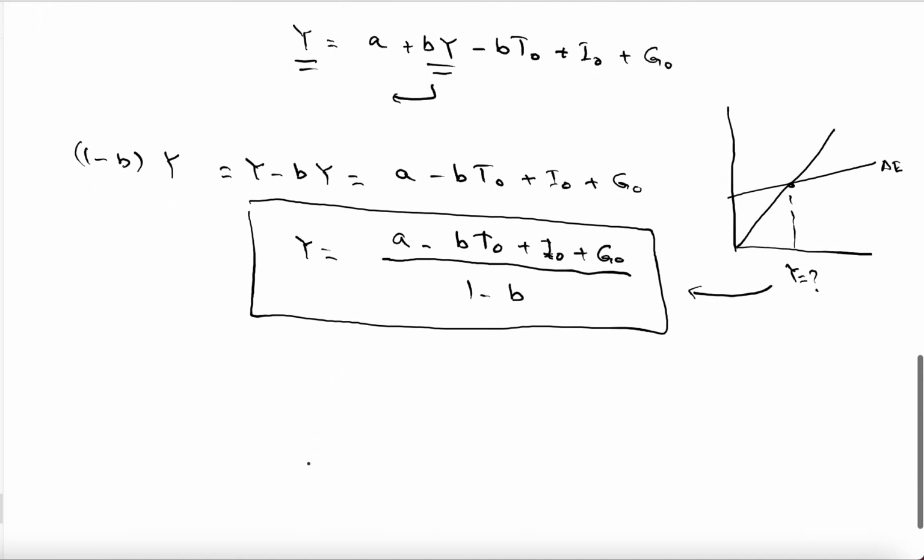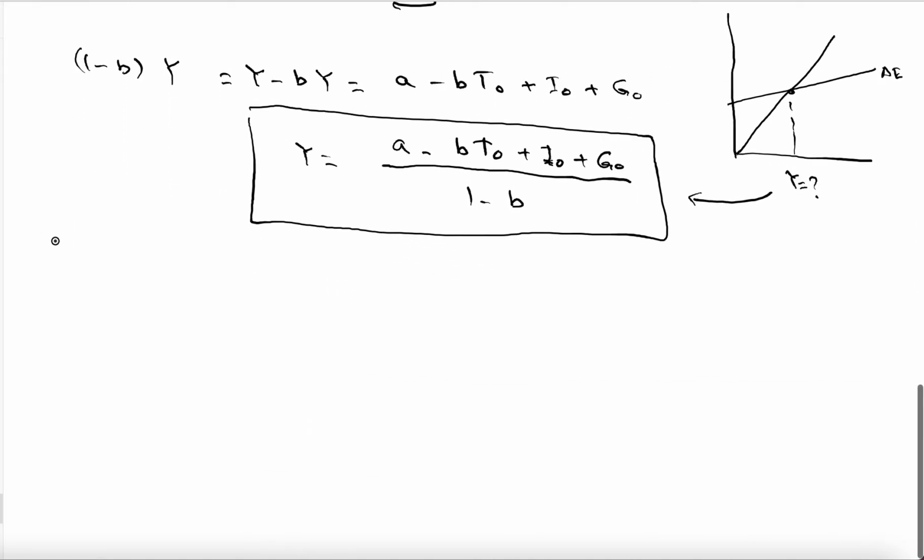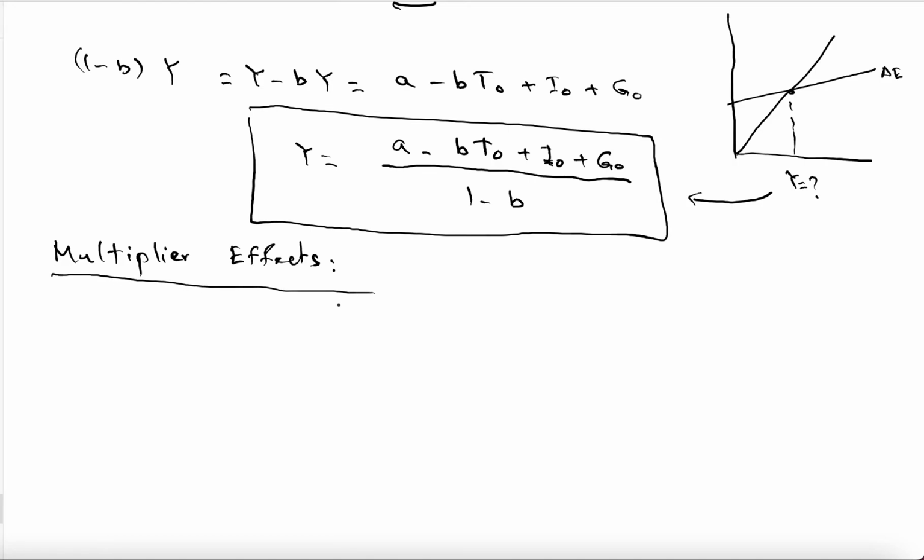So how many multipliers do we have? Multiplier effects. Here we call it effects. If A changes, this is called the autonomous consumption multiplier.